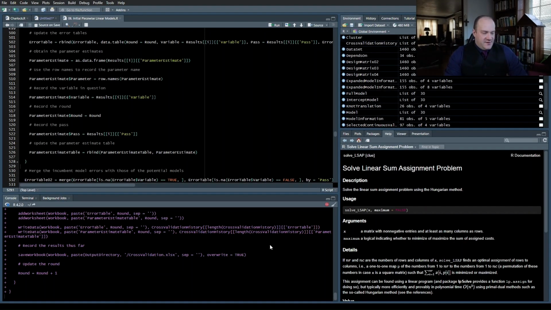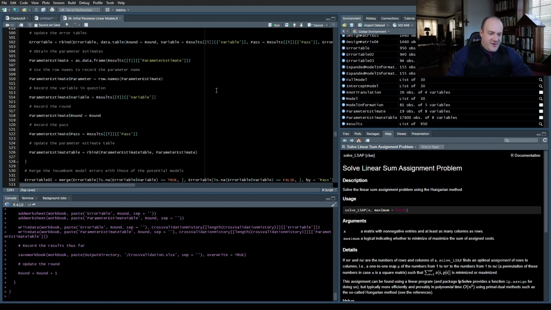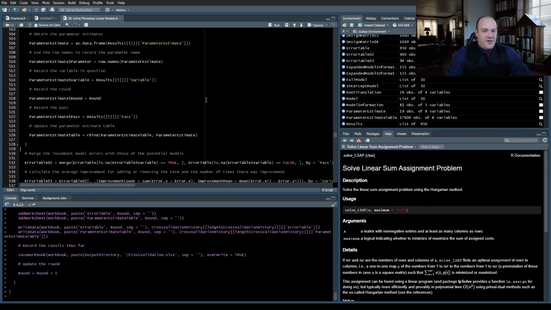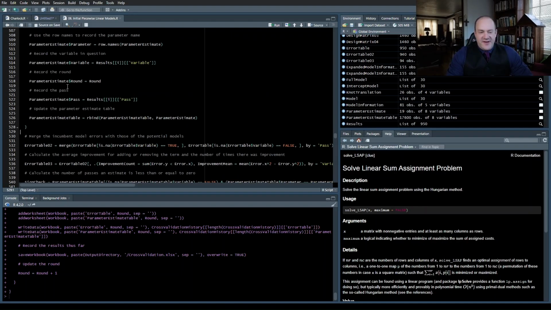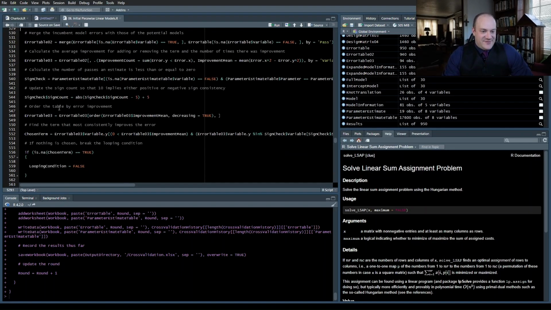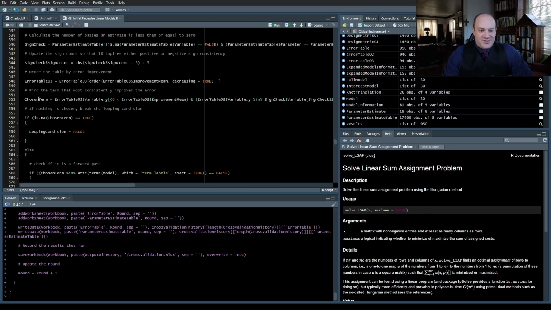So let's go back to our good friend RStudio. It appears that it is still running. Oh, hey, it just got done. Yes. Okay, cool. So all of that's incorporated in here. The error table construction. Sign check is doing exactly what you think it's doing. It's checking to see how often stuff is positive or negative, and that it's selecting the chosen term.